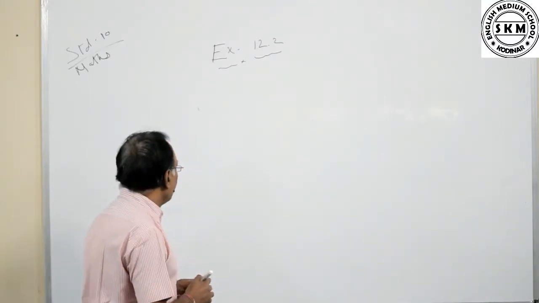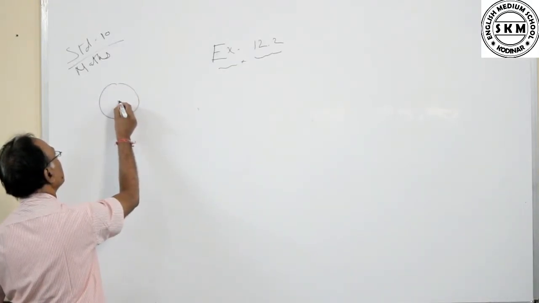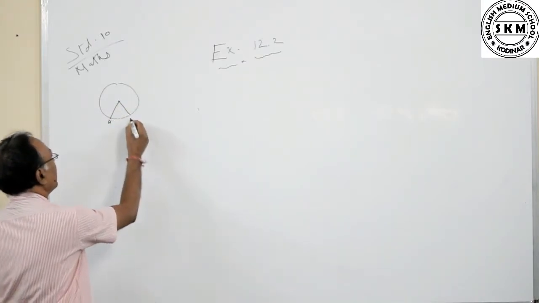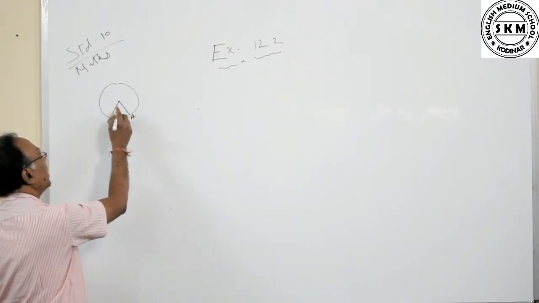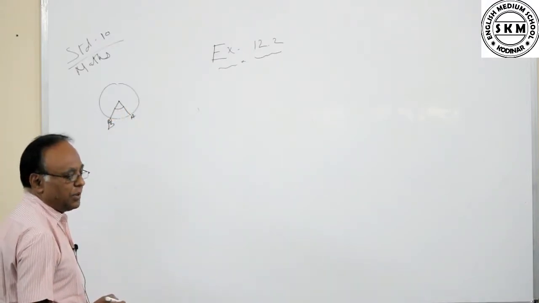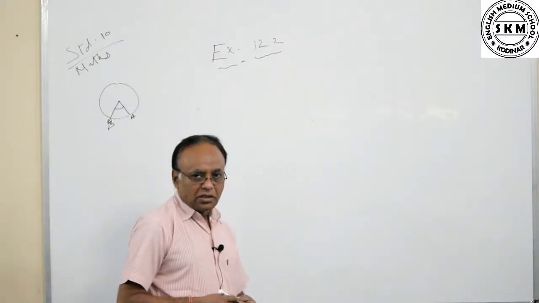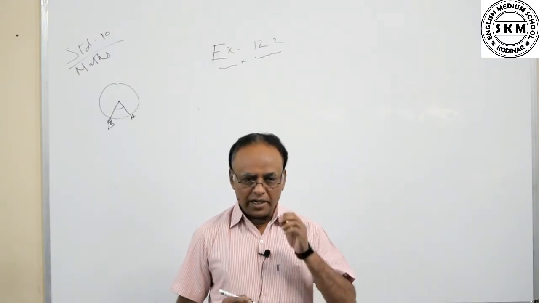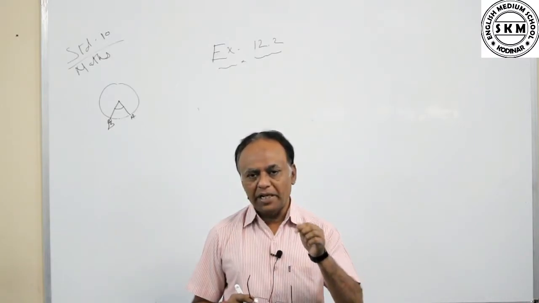So here we draw the figure again. There is the center. Suppose here it is A, here it is B, the minute hand at A, and after 5 minutes suppose it reaches B. And as I just discussed, the angle subtended by the minute hand is 360 divided by 12 multiplied by minutes, which is 5.